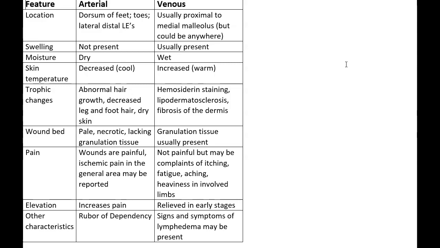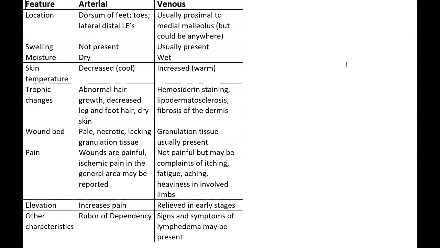Heart failure is one. Okay, so which, arterial or venous, is that more associated with? Venous. And why? You have that congestion, right?